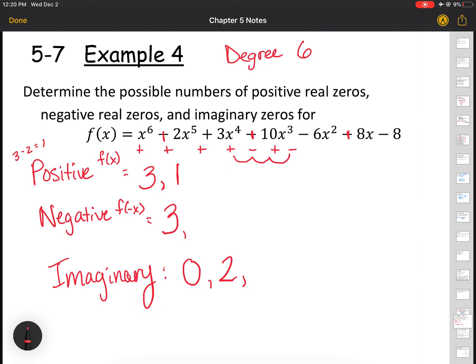And what if I had, again, 1, because 3 minus 2 is 1, so what if I have 1 negative, 3 positive? I'd still need 2 imaginary zeros. But what if I only had 1 positive, 1 negative? That would only give me 2 zeros, but I need a total of 6. So I could even have 4 imaginary if I needed to.